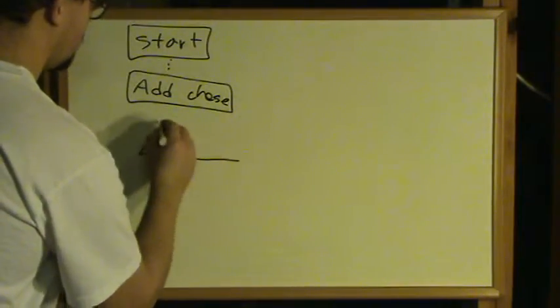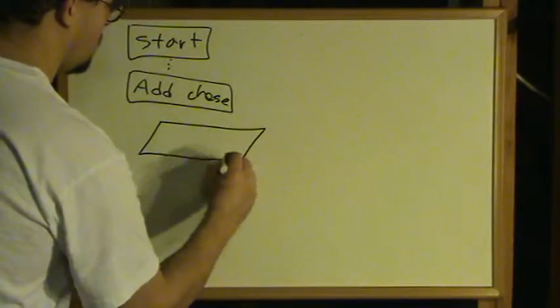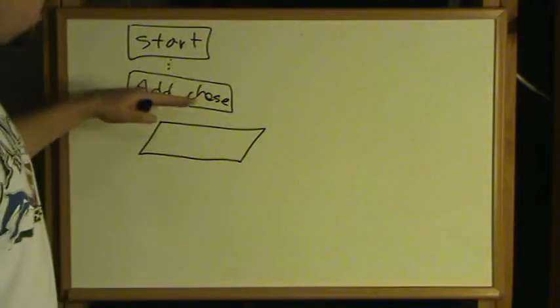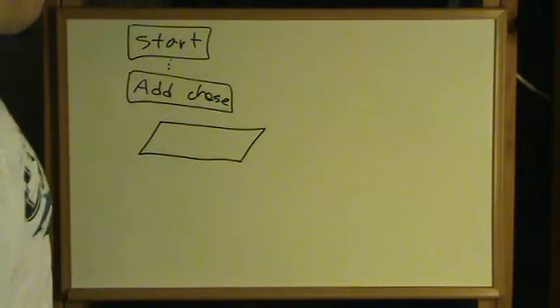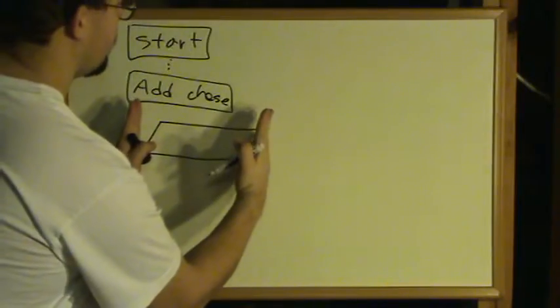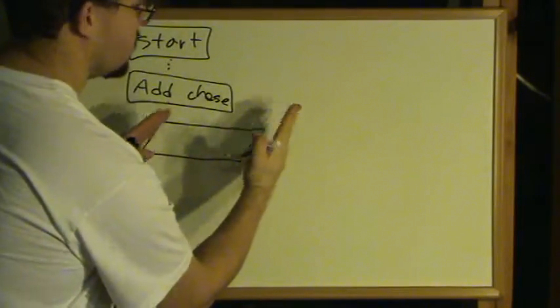When we ask for an input from the user, so we ask the user to give our application some information, we use a trapezoid. I'm sorry, a parallelogram. It's kind of a rectangle where the top part got shifted to the right, so the two upward brackets got tilted.